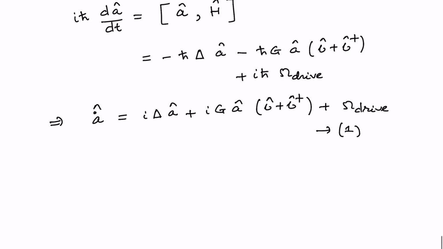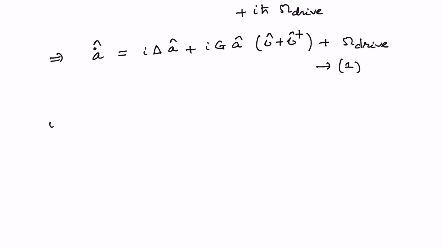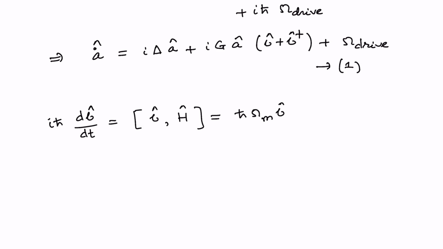And then for the phonon mode, you again get i h bar db/dt equals the commutator between b and the Hamiltonian. This is going to give you h bar capital omega_m b minus h bar z a dagger a, please verify yourself.